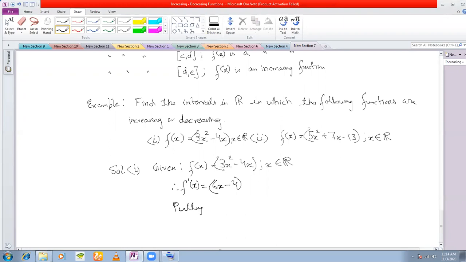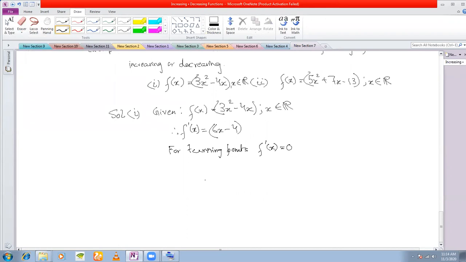For turning points, f dash x is equal to 0. Understood? So now 6x minus 4 is equal to 0.